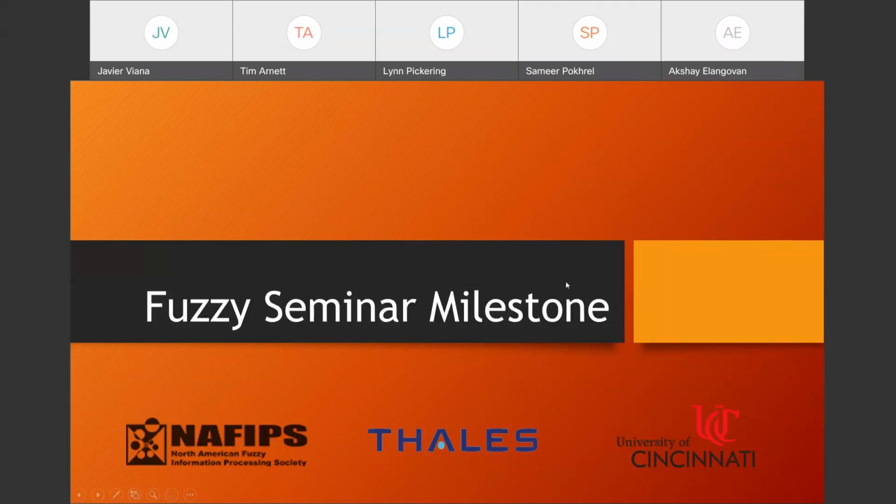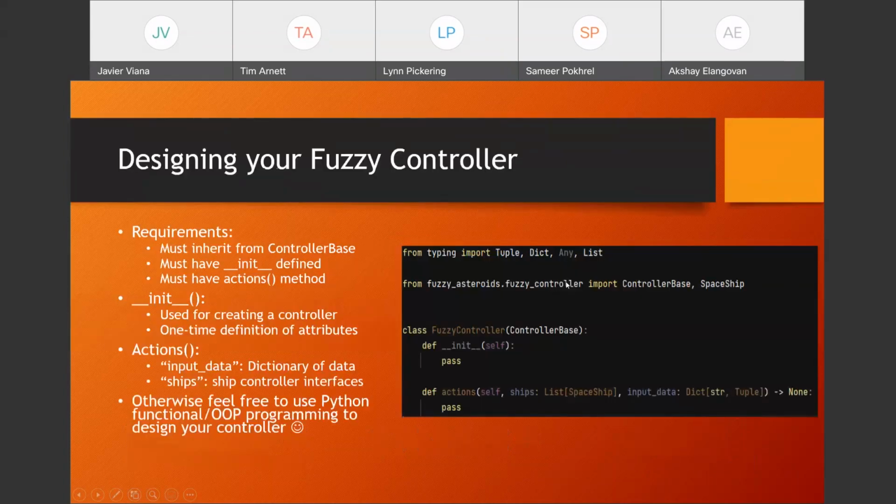So for the milestone, if you remember what Brandon showed last week when he was going over Asteroid Smasher, we have this class called Fuzzy Controller, and what you want to do is in init, which is the initialization of a fuzzy controller object, you want to create your controller, and you do that by defining all of the attributes for the fuzzy controller.